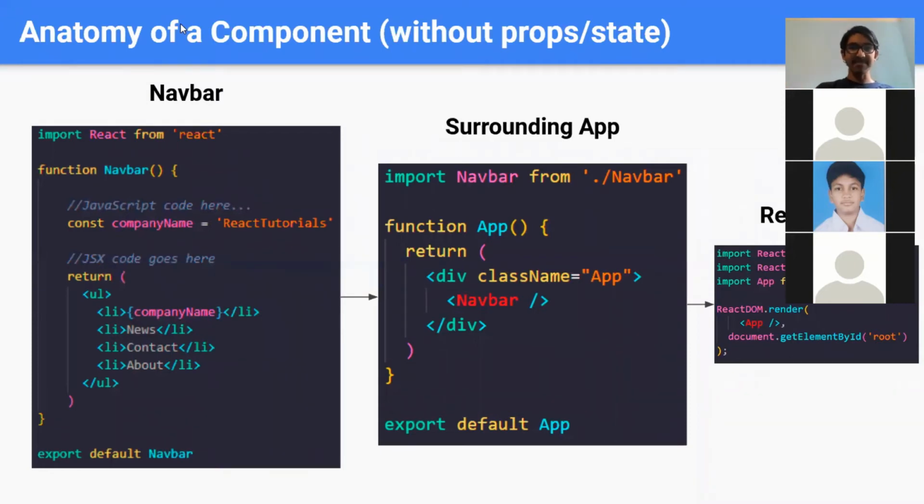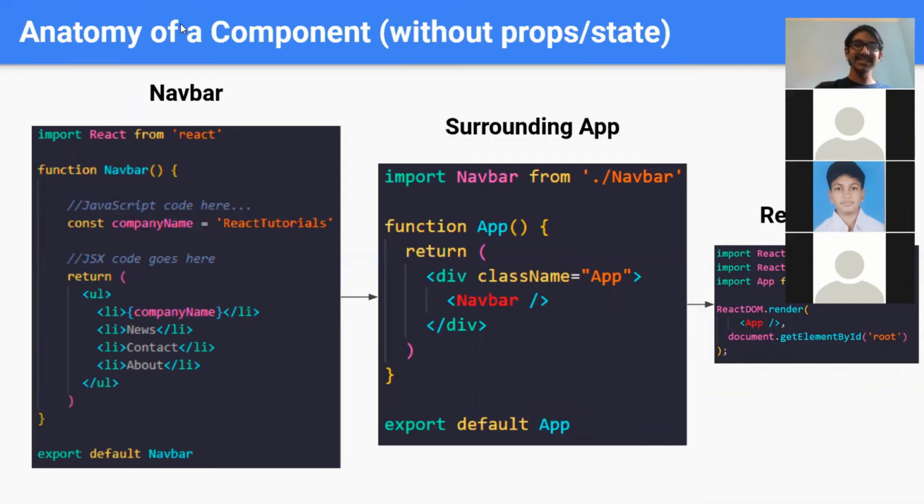We want a surrounding app around it. So we define another component and we call it the app component. And we import that navbar file into this app component. So we say import navbar from navbar, the navbar file. And then all we have to do is call that. So we have a navbar right here. All we have to do is just say navbar. You might be familiar in other languages with how you call functions, right?